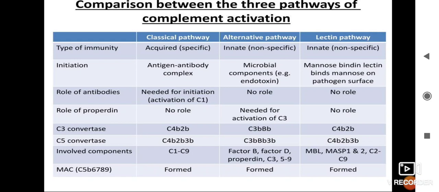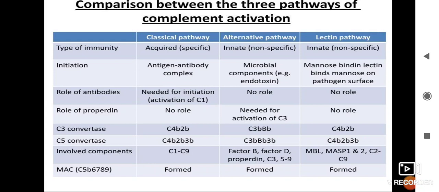Properdin does not play any role in the classical and lectin pathways, but it plays a very important role in the activation of C3 in the alternative pathway. The C3 convertase, one of the major complexes, is C4b2b in the classical pathway, while in the alternative pathway it is C3bBb.